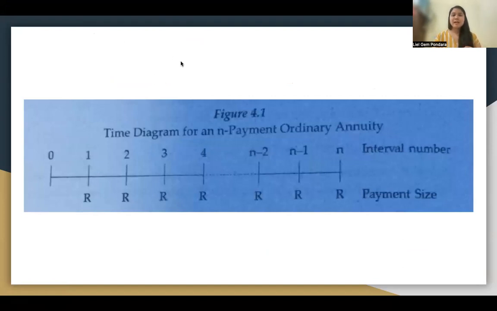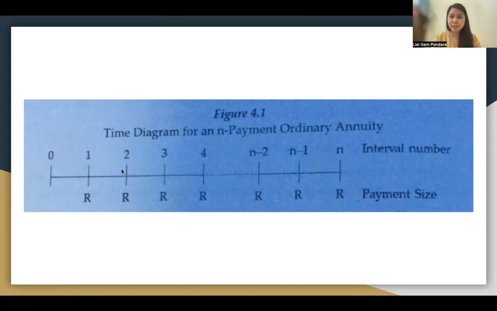Here. This is the time diagram for an end payment ordinary annuity. Now, if you see, this is an ordinary annuity. Why? In the zero, that's the time when you made the loan, or the moment that you made an agreement. And then at the end of the first period, you will make a payment.